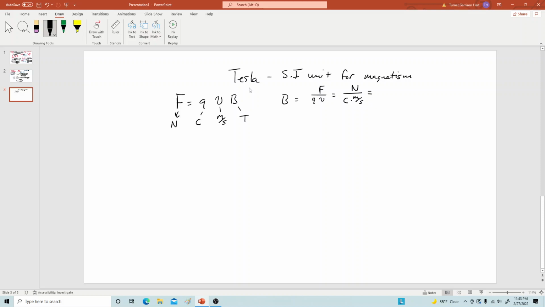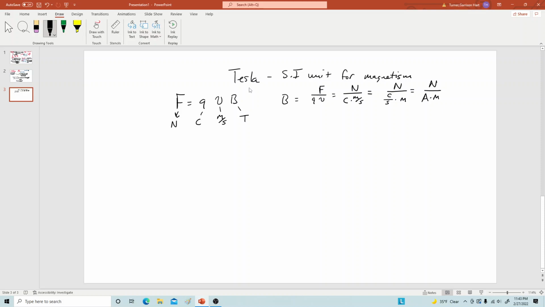If I rearrange things, newtons times coulombs per second times meters, and coulombs per second is current, so this is amps. So newtons per amp per meter. Now that may not be a very intuitive unit, but it's force per unit current multiplied over a distance.